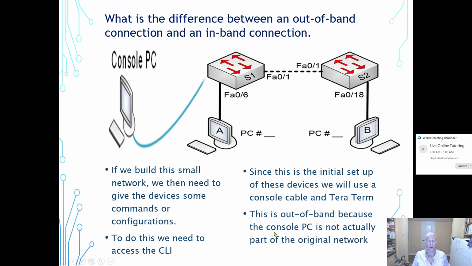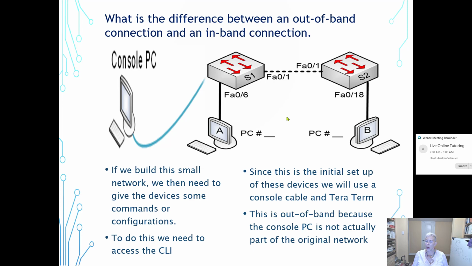This is an out-of-band connection because here, this console PC and the console cable aren't connected and part of this network. So it's something that's coming from the outside in order to give commands to the switches. Okay, that is out of band.